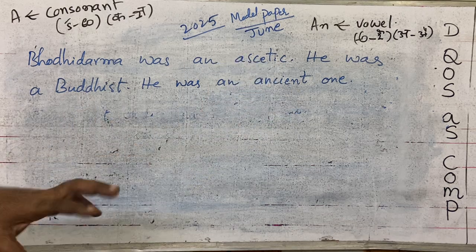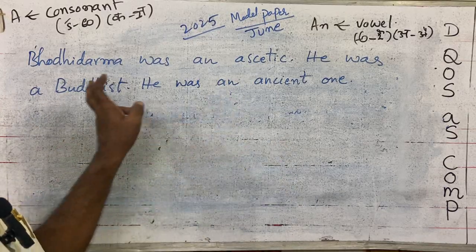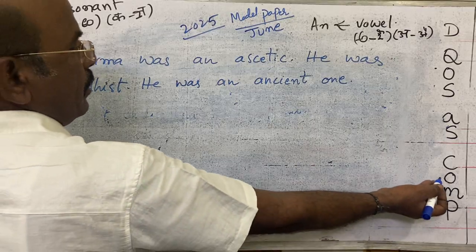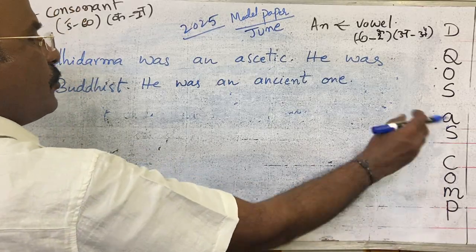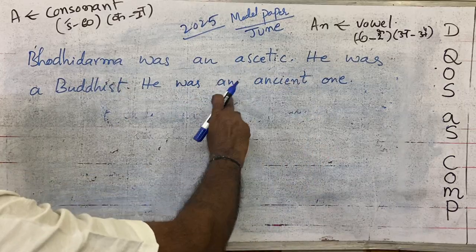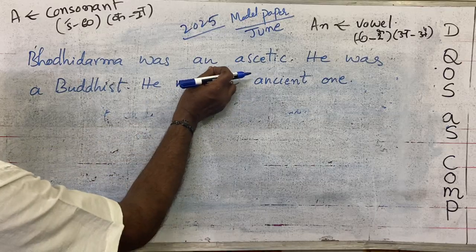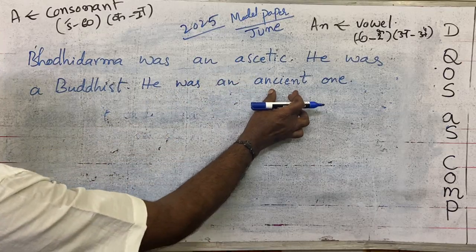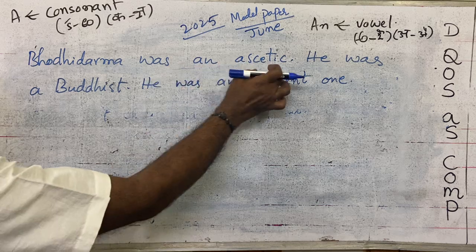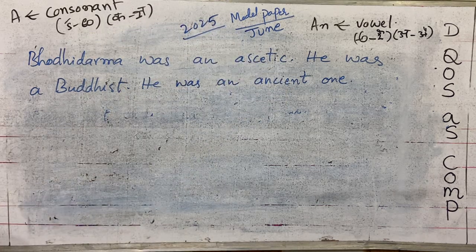Which era does he belong to? Originality is from the Buddhist. Like this, he belongs to ancient time. So that's why Bodhidharma was an ancient Buddhist ascetic.